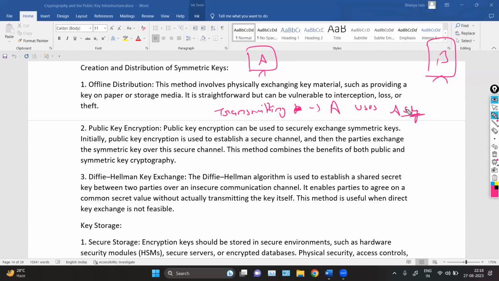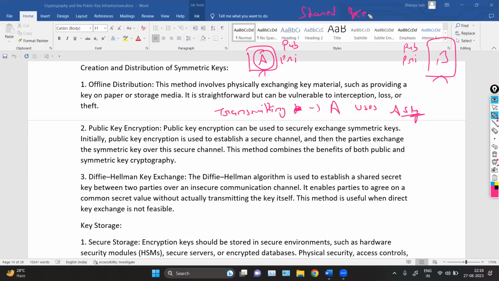In the asymmetric, we use two keys: a public key and a private key. So A has a public key and a private key, same as B. This is the shared key. Now A wants to transmit the shared key for the symmetric algorithm.